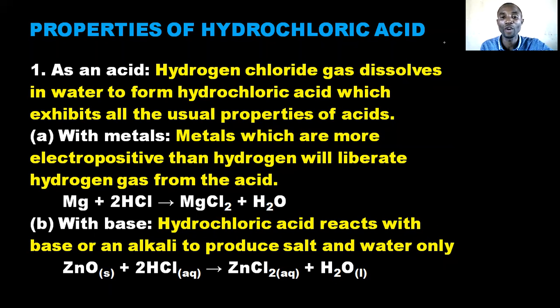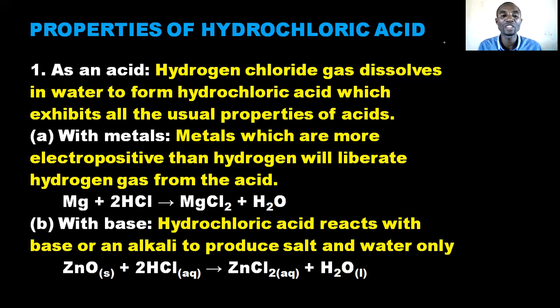As an acid, it exhibits all the usual properties of acids. Metals more electropositive than hydrogen will liberate hydrogen gas from the acid. Of course, the metal will displace the hydrogen from its place.